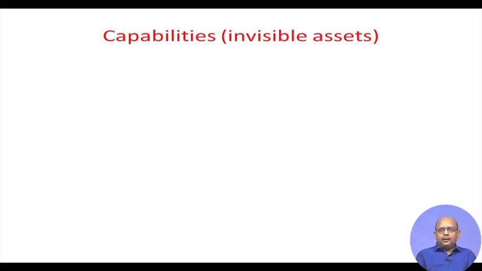Now, the third part that we are going to discuss is invisible assets. In most cases, organizations do not focus on invisible assets, which may be very important, right. When we talk about the capabilities of people, the experiences, what is there in their minds especially, the tacit knowledge, that could be part of what you call intangible assets, which might be put to use to create value for the organization, right.